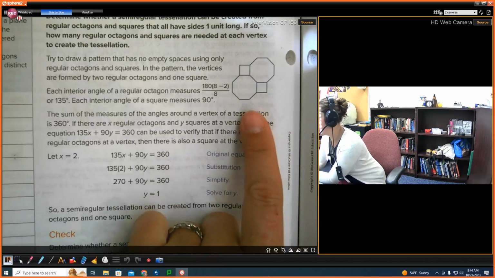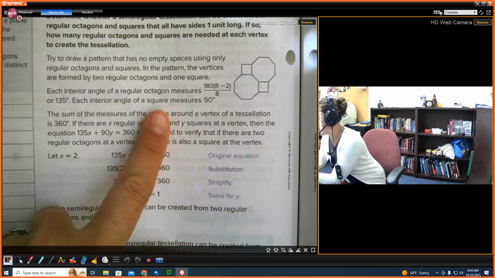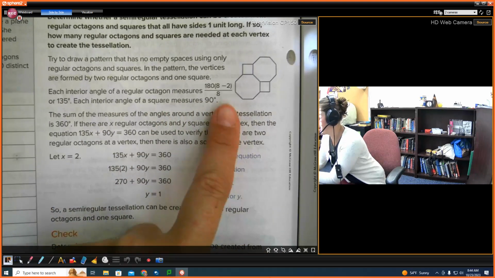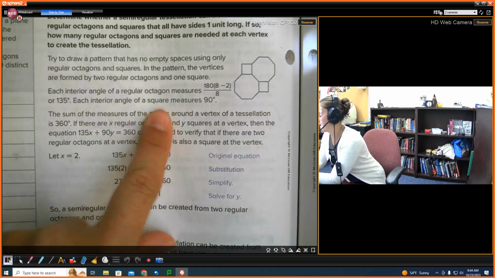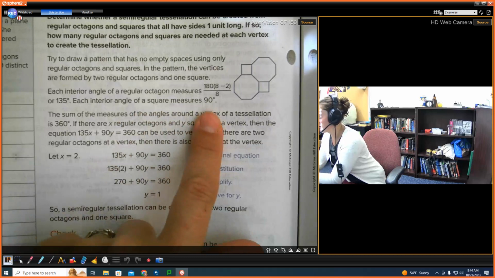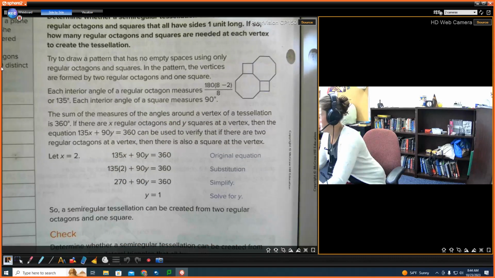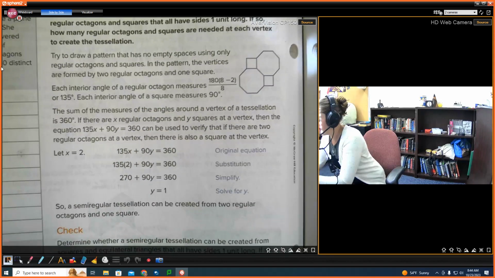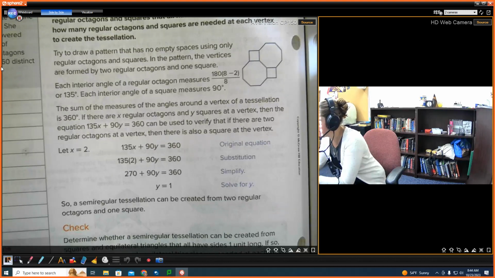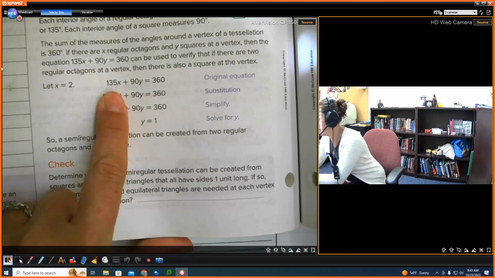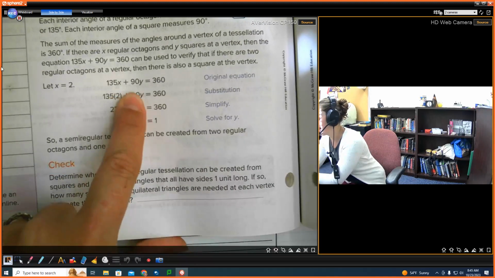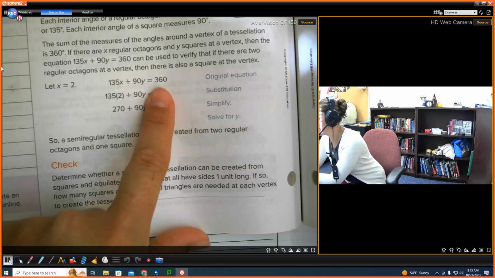It says each interior angle of a regular octagon measures 180 times 8 minus 2 divided by 8, which is 135 degrees. And each interior angle of a square measures 90 degrees. The sum of the measures of the angles around the vertex of the tessellation has to be 360. So they make an equation that says 135 times x plus 90 times y has to equal 360.